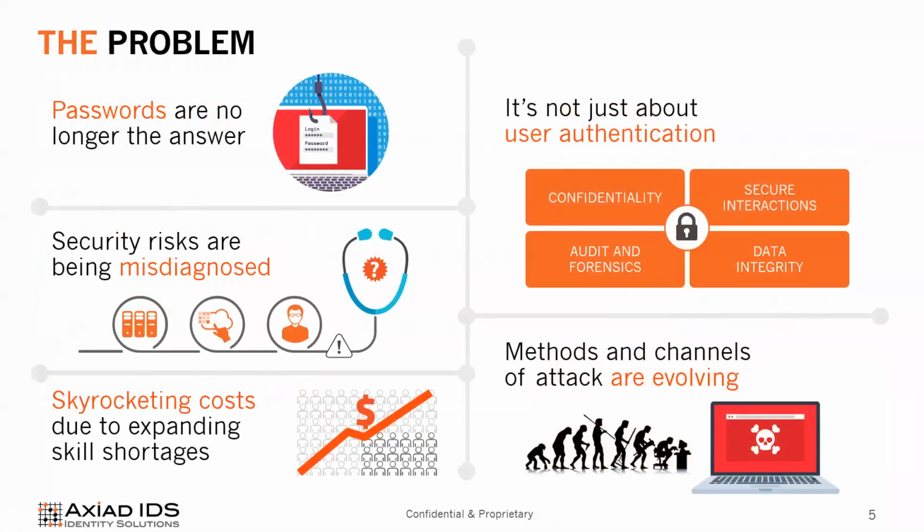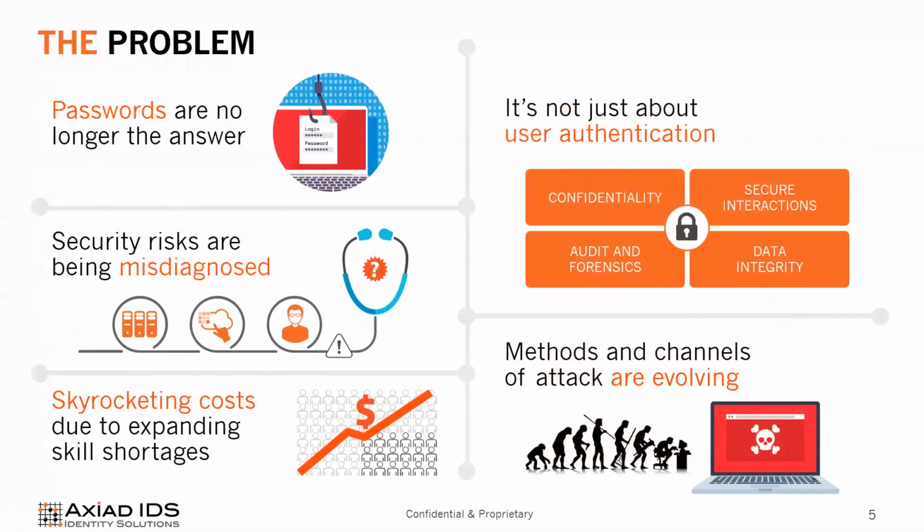Really what we looked at in part 1 was that we understand, and I'm sure a lot of you on this call understand as well, that passwords are no longer the answer. No matter how much we try to make passwords the answer by making them more complex, making them longer, or changing them every 30, 60, or 90 days, the risks are still there.